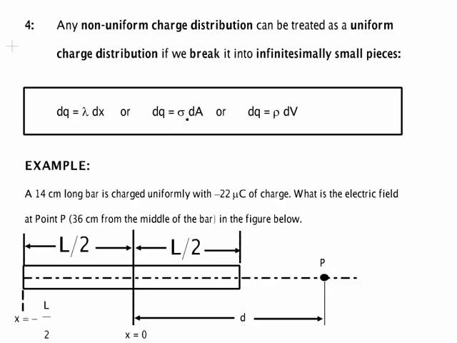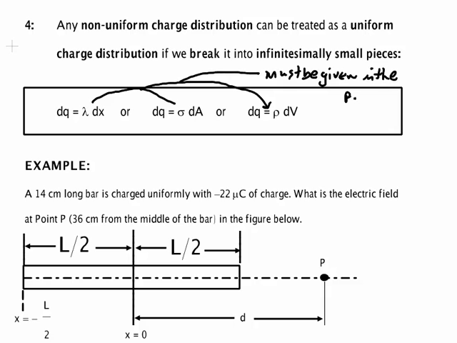Or if we're looking across an area, this sigma will not be a constant. It will vary. These values, sigma, lambda, and rho, must be given to you. So they'll be given in the problem.